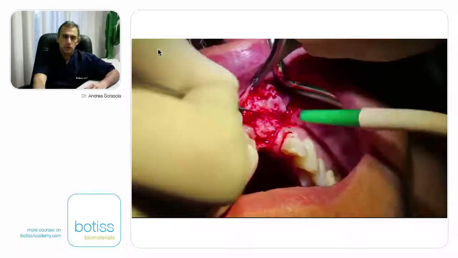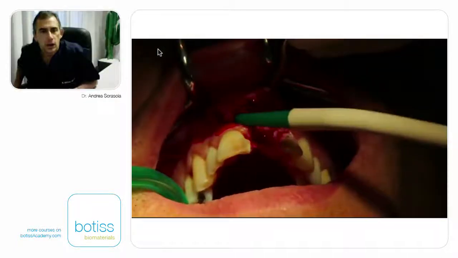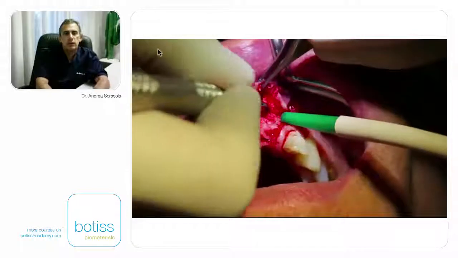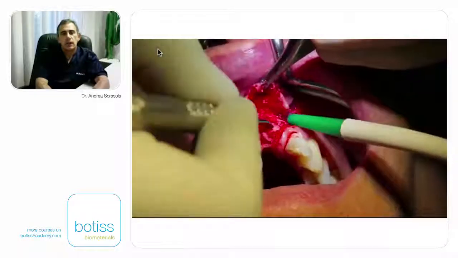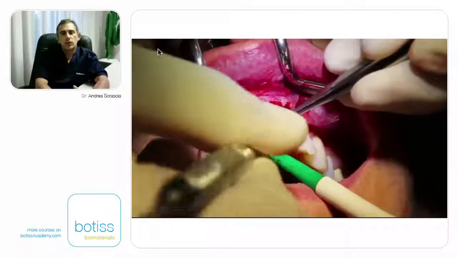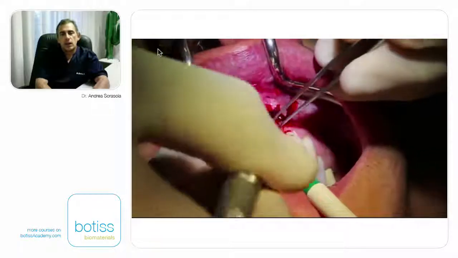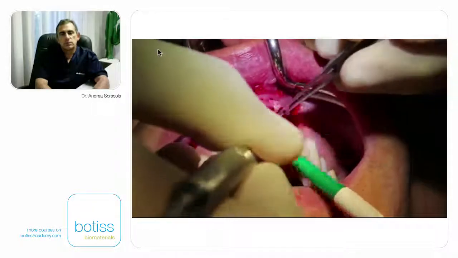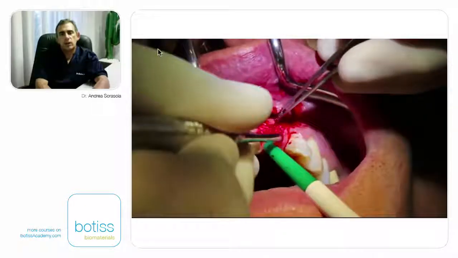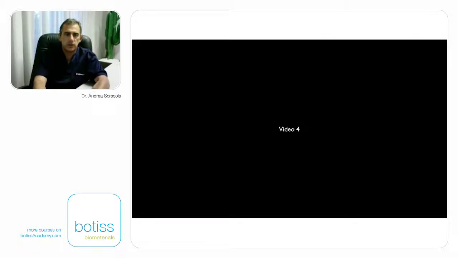In conclusion, we have to have a high prudence in implant treatment with the patient with generalized aggressive periodontal disease. Surgical periodontal therapy before an implant treatment is very, very important.